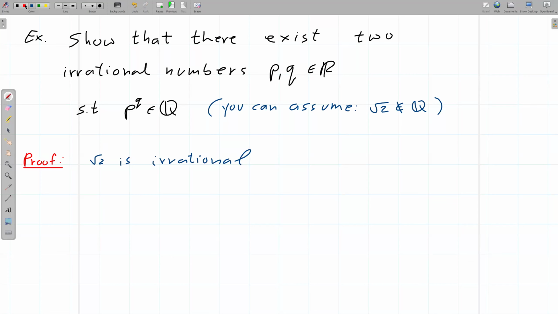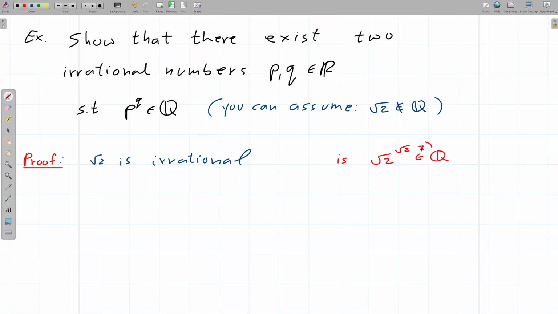What about, so can I take p to be square root of 2 and q to be square root of 2? Will square root of 2 to the square root of 2 give me a rational number? So I don't know this. Is square root of 2 to the square root of 2 rational?